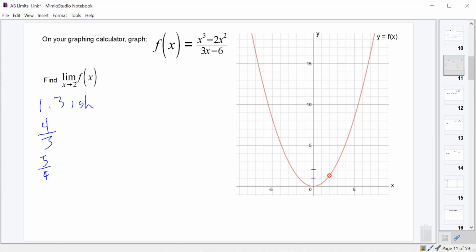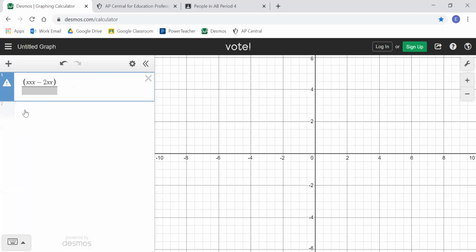Now we could probably go in here, and I'm going to graph this into Desmos. What did we have? We had x cubed minus 2x squared. Is that right? We're not looking at Desmos. All right. Yeah, good. That's what you should yell at me every time. What was the denominator of it? 3x minus 6? Is that right? Yes. x cubed minus 2x squared over 3x minus 6.